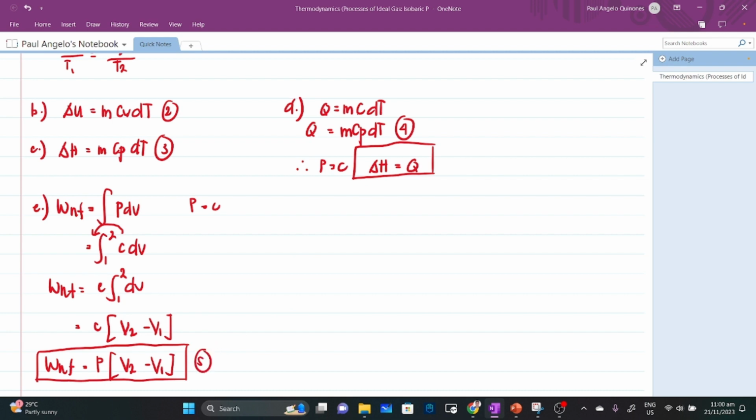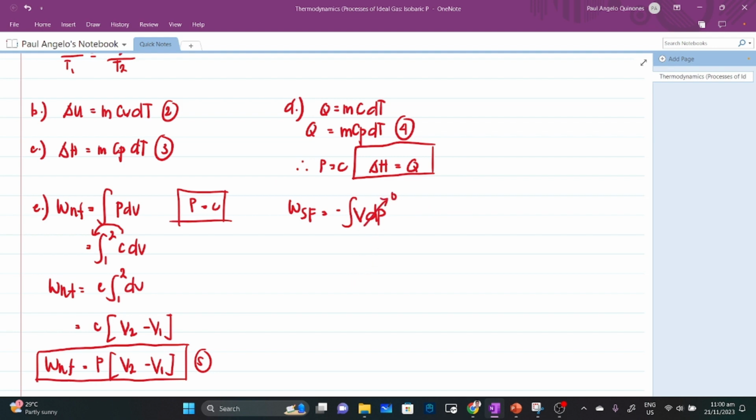For the steady flow work, once you are asked to locate the steady flow work of a substance, it is given by the negative integral of V dP. But we've said that pressure is constant, so there is no rate of change in the pressure, and therefore this term is equal to 0.